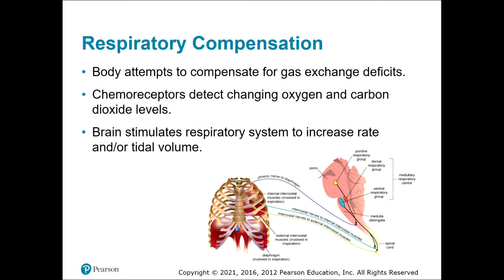The ones in our aortic arch and carotid arteries also detect O2 and CO2 levels, primarily for arterial blood. So what acid that is part of our cellular respiration can alter pH levels? I'll give you two options, oxygen or carbon dioxide. Carbon dioxide. That's what it's looking at.